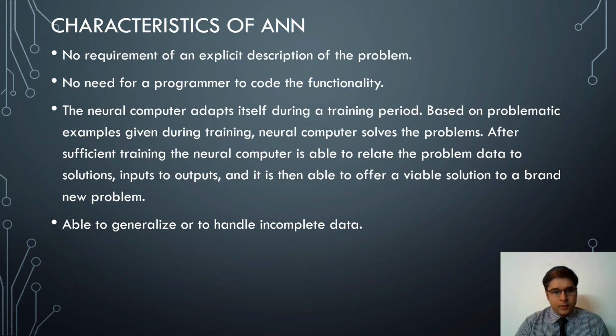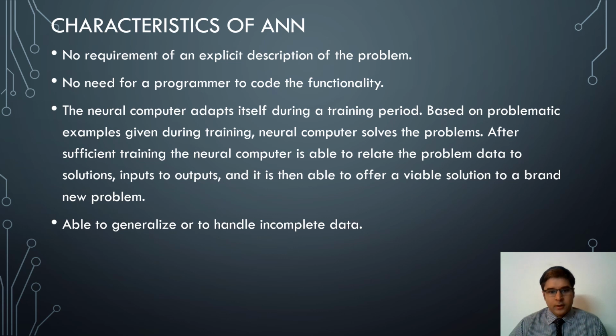The neural computer adapts itself during a training period. During the training period, the neural network adapts itself to give the output in a specific form, and based on example problems given during training, the neural computer solves problems.